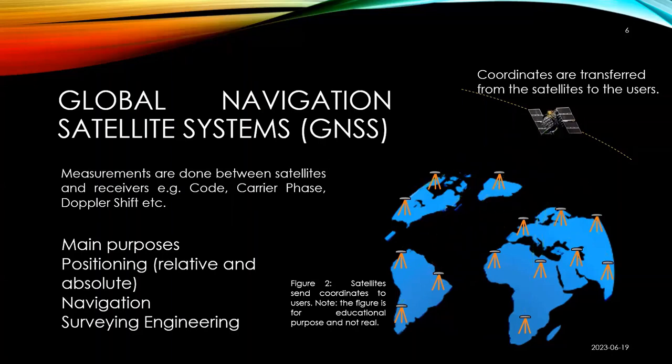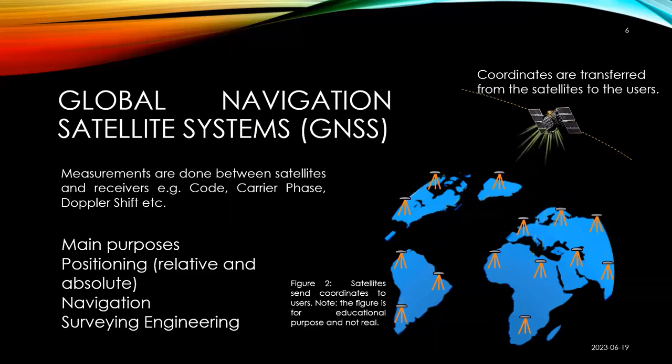In that way, it is like you are interpolating the positions. You give the coordinates of some points to the satellites, and the satellites move and distribute the coordinates to the users. Based on measurements between satellites and receiver, you transfer the coordinates from the satellites, which are known points, to the unknown points on the ground.